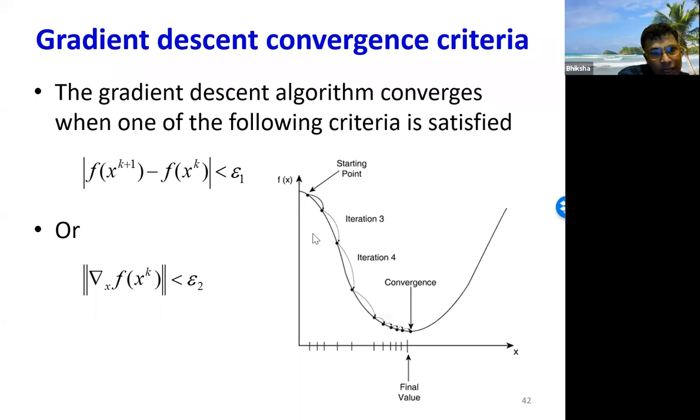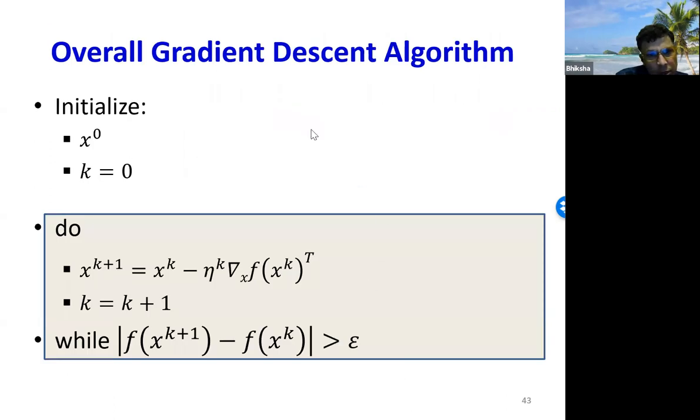Now, you can keep updating your estimates. You can stop either when additional updates don't decrease the function anymore, or when the slope has actually become 0. Which means you can test for whether the function value has not changed between subsequent iterations, or if the gradient itself has become very small. So here's the overall gradient descent algorithm.